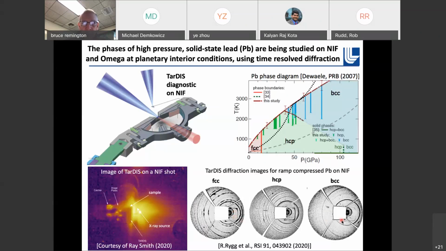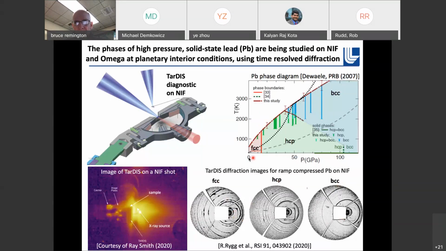These are diffraction signals from an FCC lattice, an HCP lattice, and a BCC lattice with increasing pressure for lead. You can see why those structures appear when you look at the predicted phase diagram on the upper right.